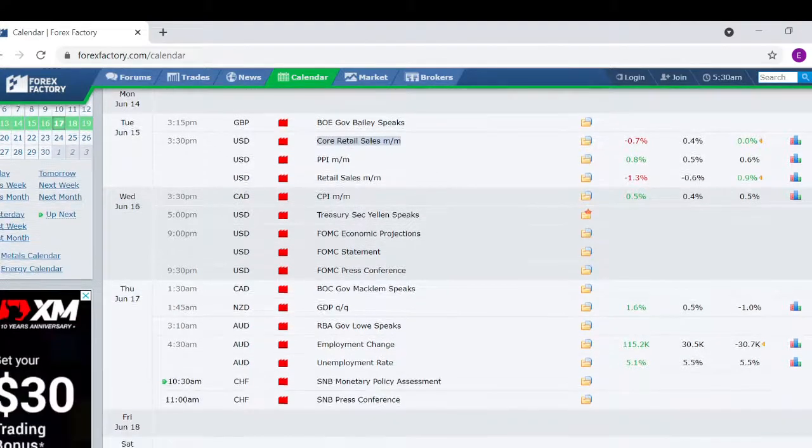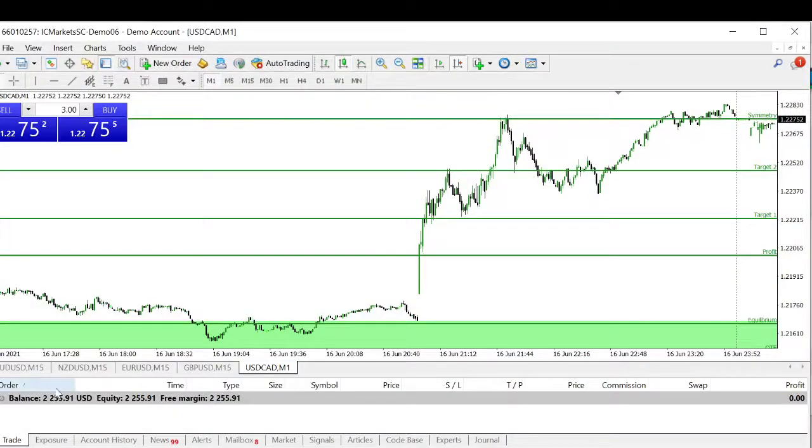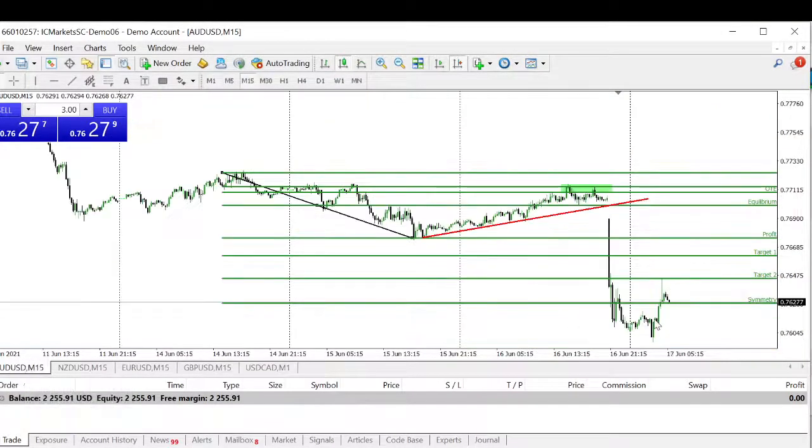And also another ineffective one is this one, and this one, employment change, because it hasn't moved so much in this region.